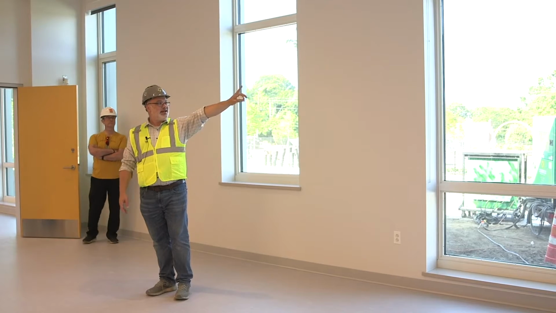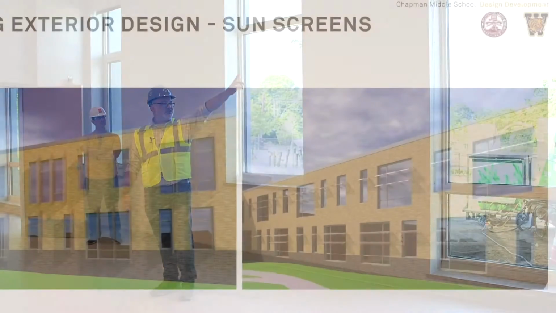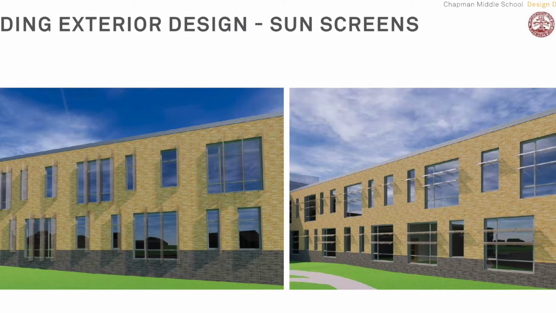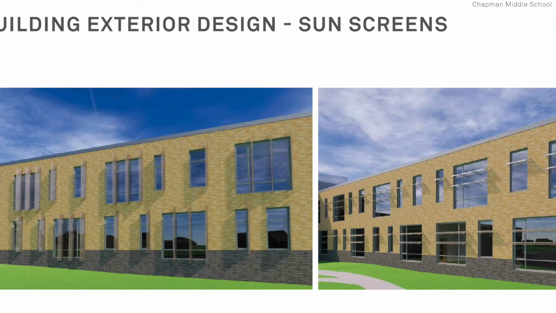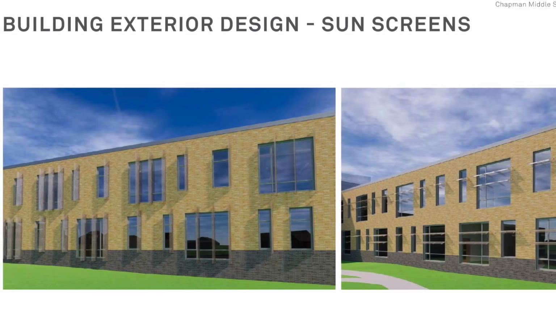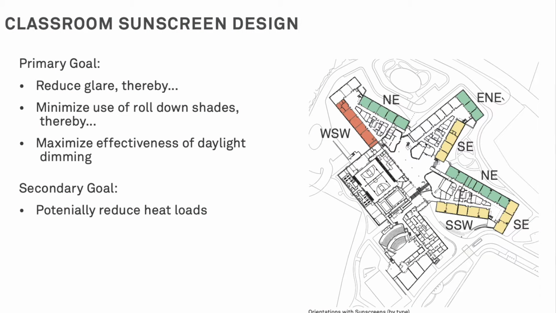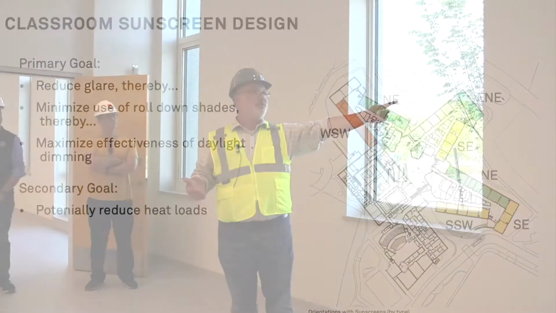So you'll see these exterior sunscreens. Here, if you look this way, there's a metal sunscreen at the large window because of the direction the light is coming. As you can imagine, this building has a lot of different orientations with these wings shooting off in different directions. And each exterior exposure requires a different need in terms of how to block light.